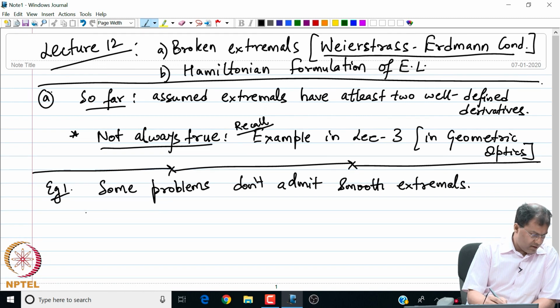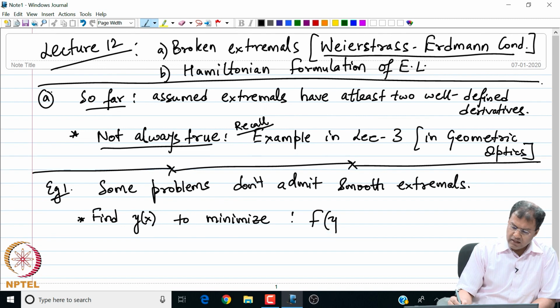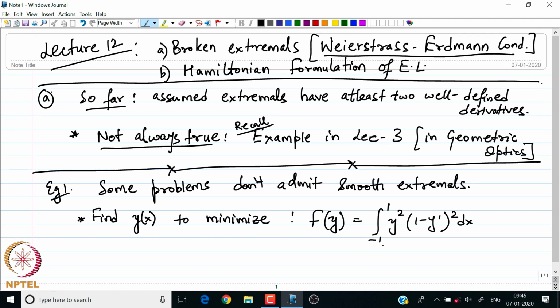The problem that I have is we have to find y of x to minimize this functional F of y, which is given by the integral from minus 1 to 1 of y squared times (1 minus y prime) whole squared dx, subject to two boundary conditions: y of minus 1 is 0 and y of 1 is 1.